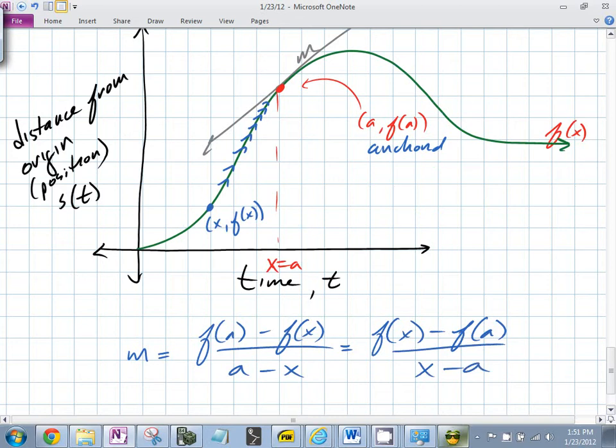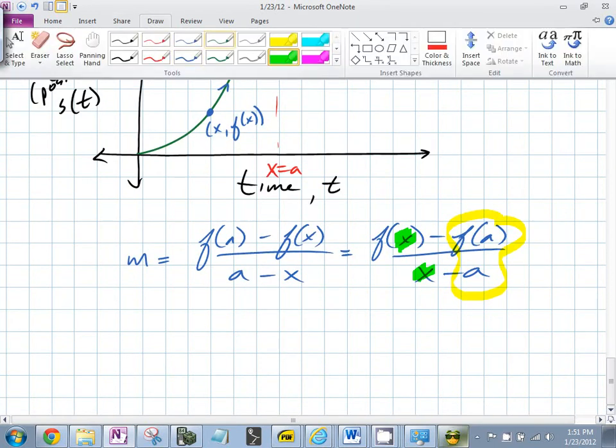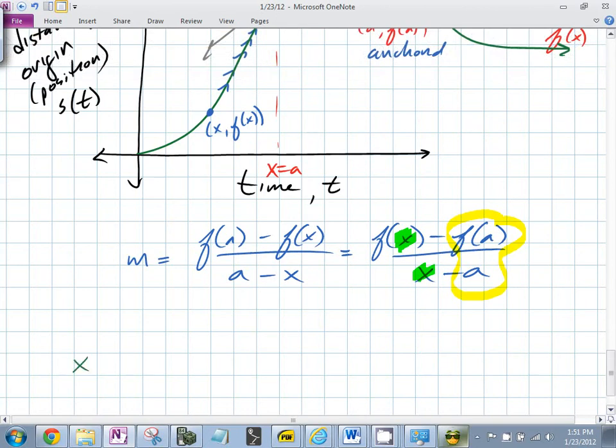Which ones have been fixed, meaning we're not moving them? We aren't moving this value, right? Which value is moving? The x value is moving, right? And what is x doing if we're estimating this limit? X is increasing, getting closer and closer to a. So what have we done repeatedly? We've done the limit as x goes to a of f of x minus f of a all over x minus a.